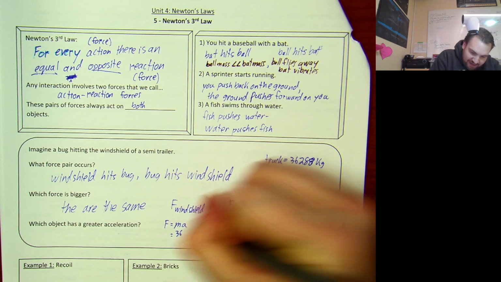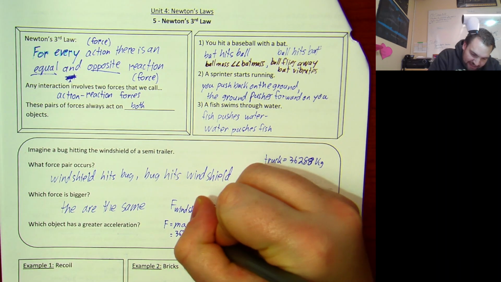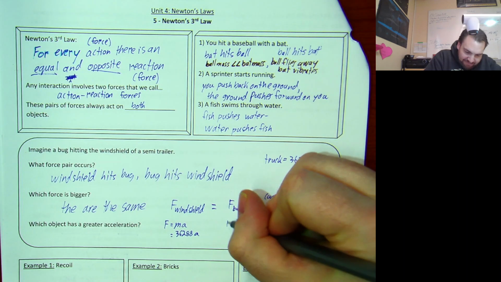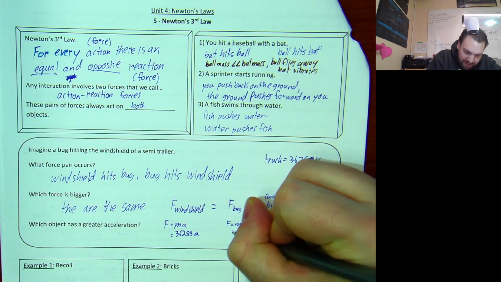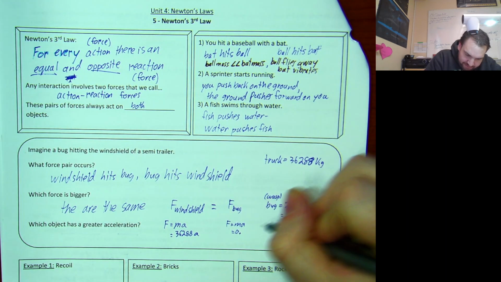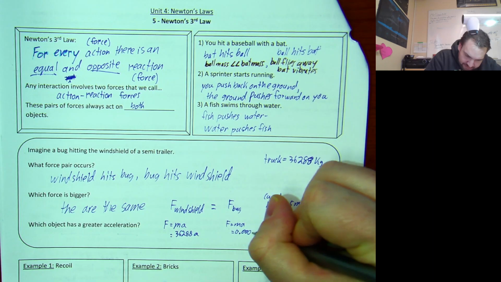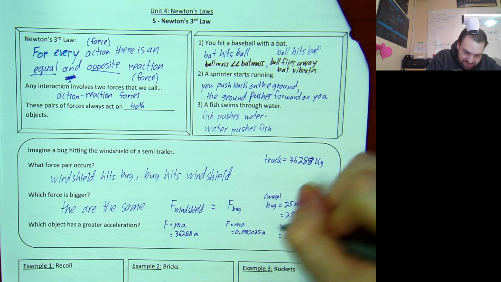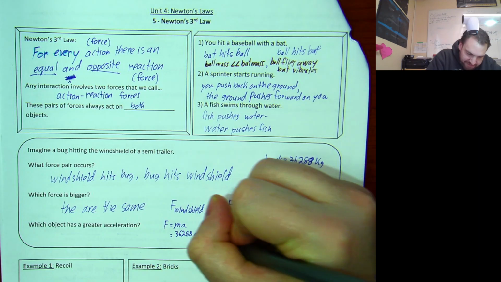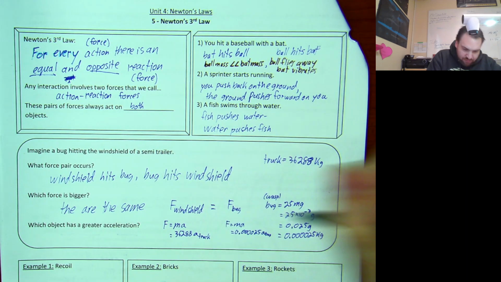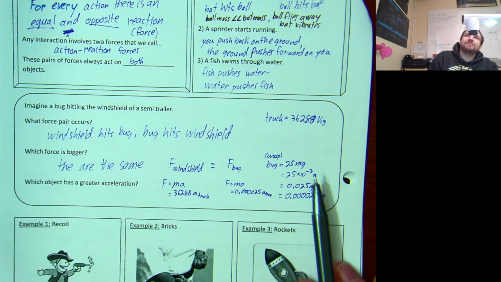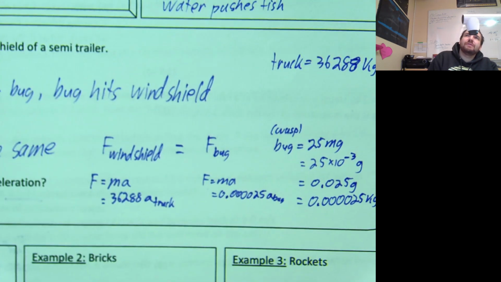If I have 36,288 kilograms times my acceleration, and I've got F equals ma going over here for the bug, 0.000025 times a, that's going to be for a bug, and this is going to be a truck. If these forces are going to be equal, oh, sorry, I can zoom this in so it's easier to see those numbers.